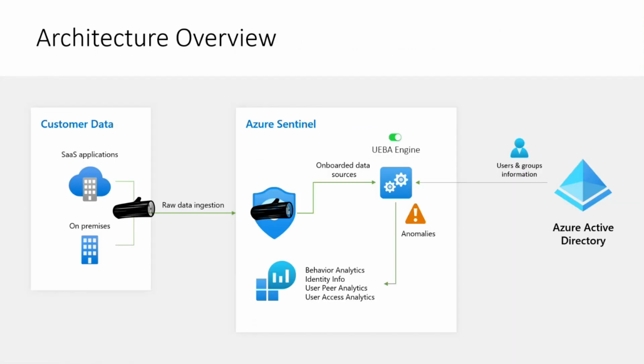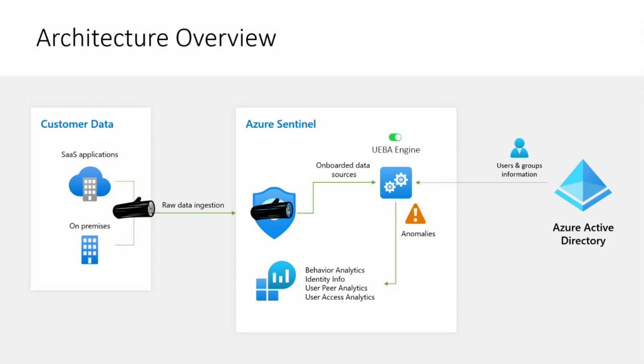For a brief overview of UEBA architecture, as evident here, Sentinel customers are onboarded and connect their data sources. When you enable the UEBA engine, the data sources selected will be processed by the engine. The UEBA engine pulls users and groups information, such as from AAD right there, or an org chart to create those baseline foundational profiles.